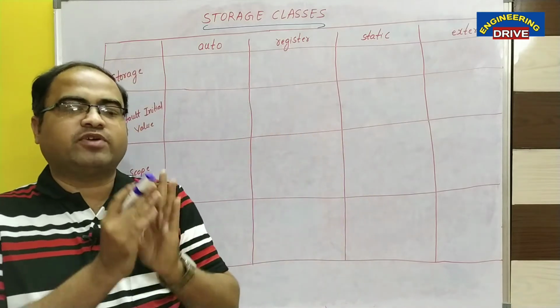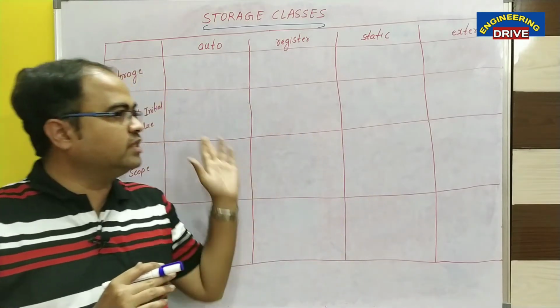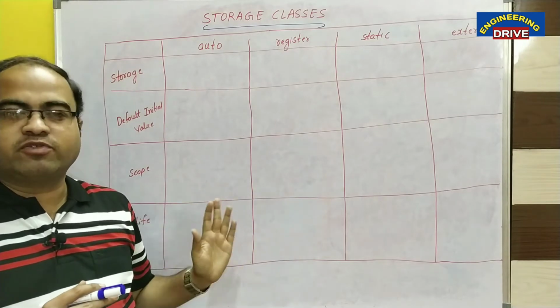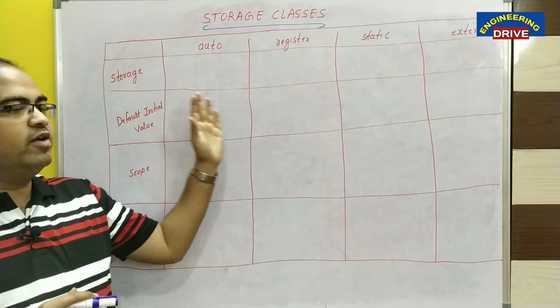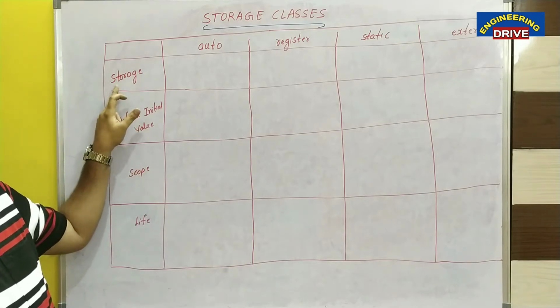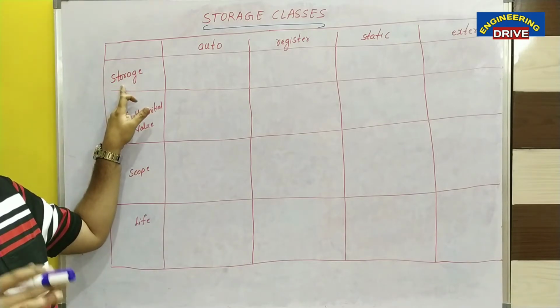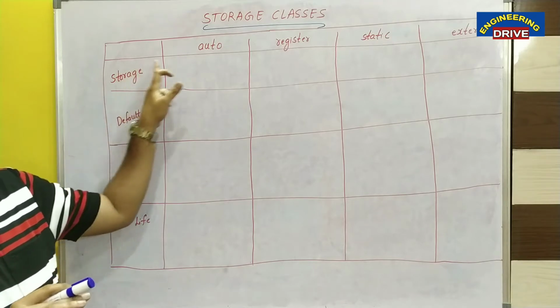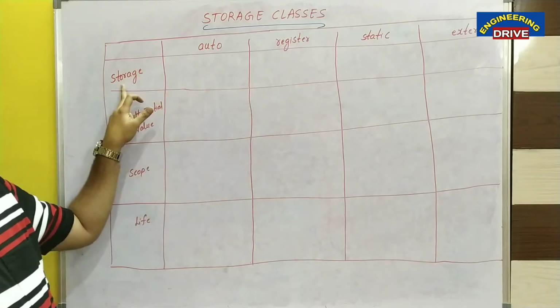How they differ from each other, I am going to show you in the form of a tabular format. Dear students, for every storage class, I am going to focus on these 4 points. First, where the value of the variable will be stored, that is storage.